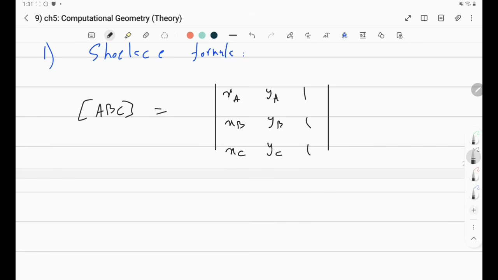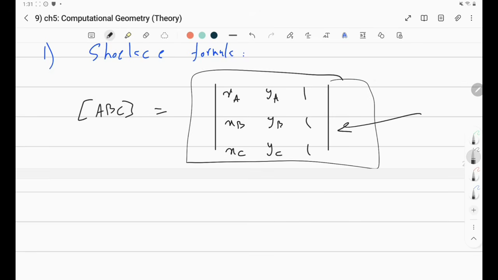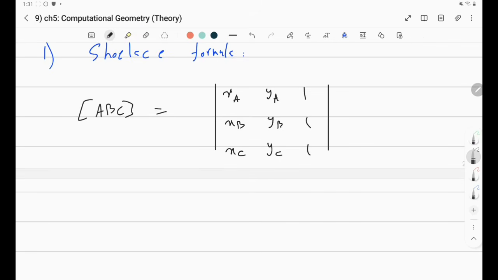It has nice properties. We're going to discuss these properties in detail in, I think, the 6th chapter, which is barycentric coordinates, because everything in barycentric coordinates is going to be about determinants. Right now we will not discuss them in detail, but I'm just going to tell you how to calculate it.